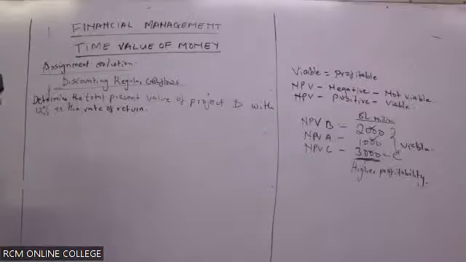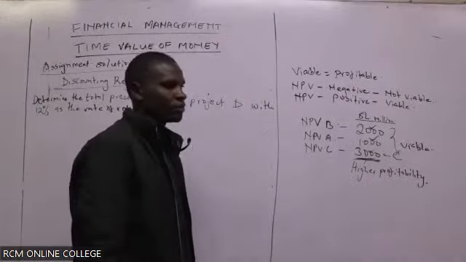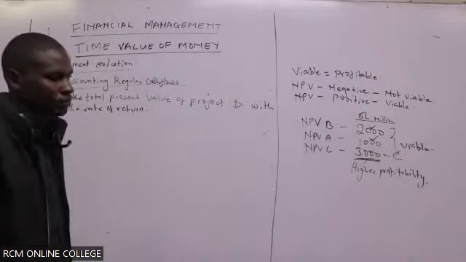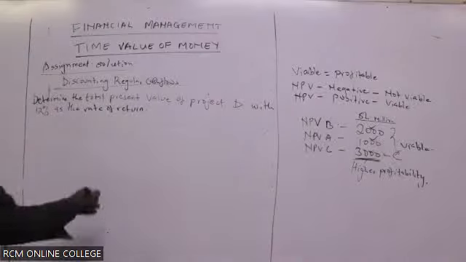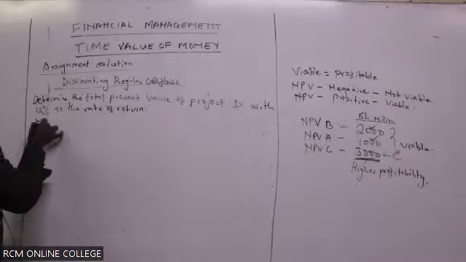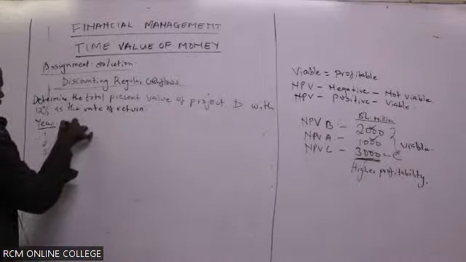The cash flow is equal. So we have here three years of cash flow.